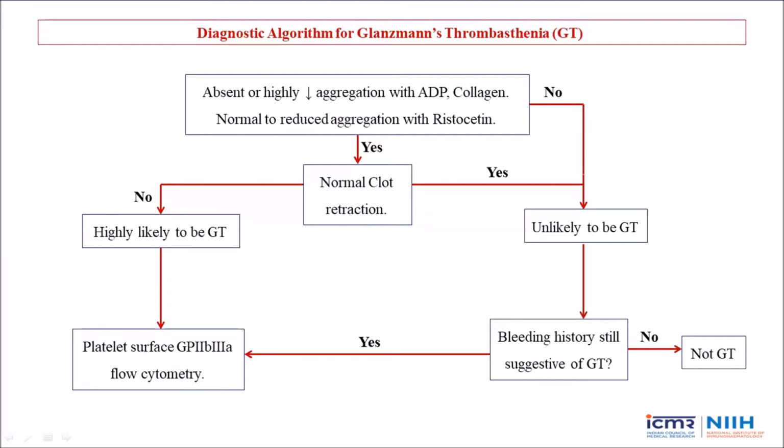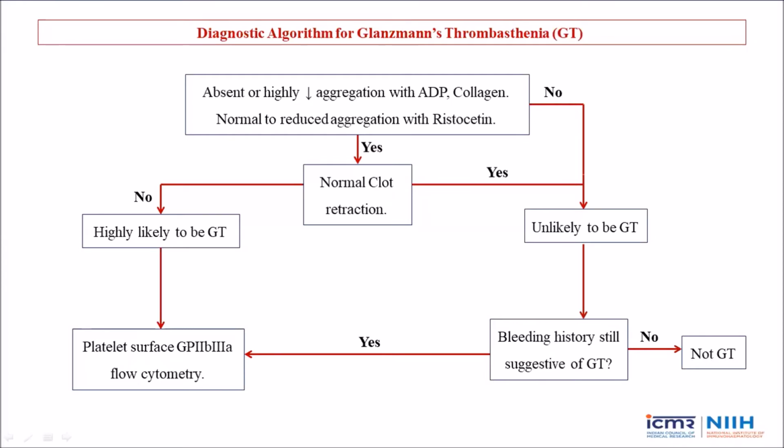Now, if that is all normal, clot retraction you may do, may not do. You can directly go for the flow cytometry and look into the GP2B3A receptors straight away after doing aggregation, if there is a suspicion of GT. If that is not the case, then it is unlikely that it could be GT.